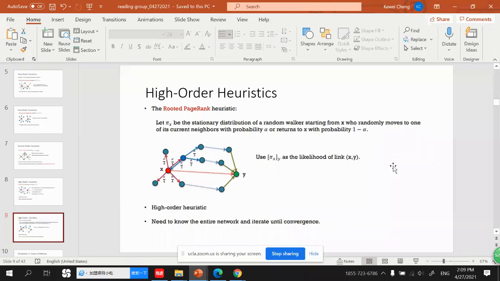The basic idea is to let pi_x be the stationary distribution of a random walker starting from x, which randomly moves to one of its neighbors with probability alpha, and returns to x with probability 1 minus alpha.